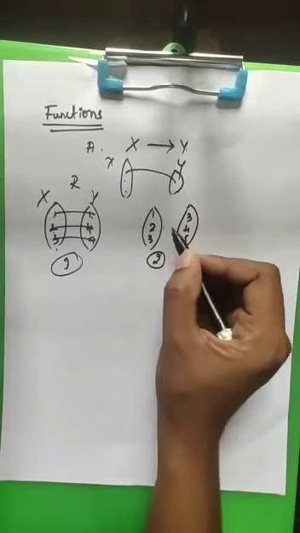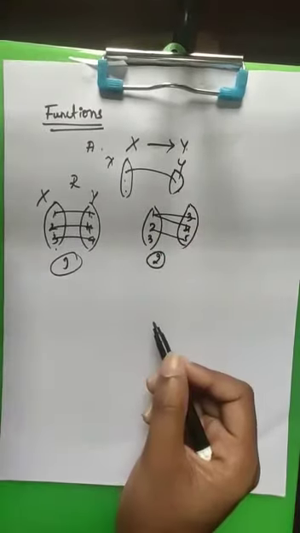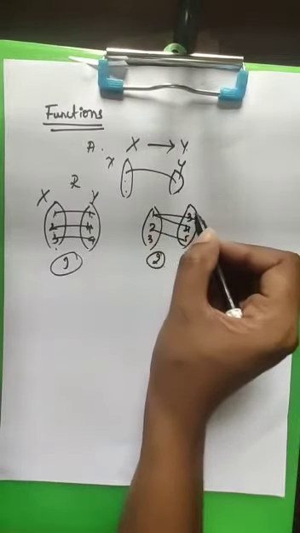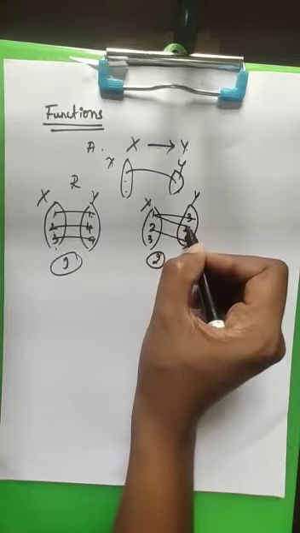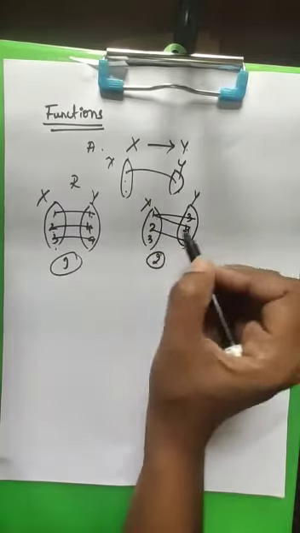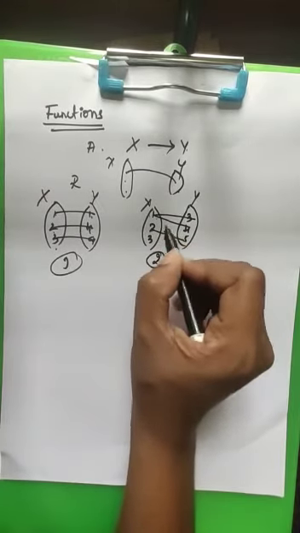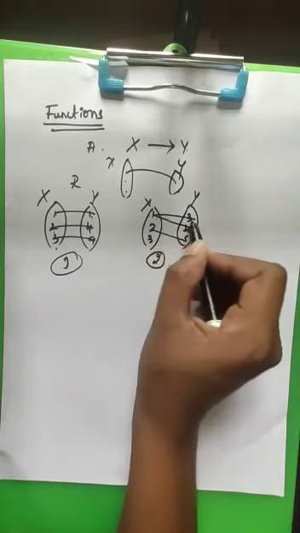Suppose the second example, if I map it in a way, is this a function? No, because you can see that 1 has two images in set y, and 3 does not have any image. So this is a relation, but it is not a function because 1 has two images.